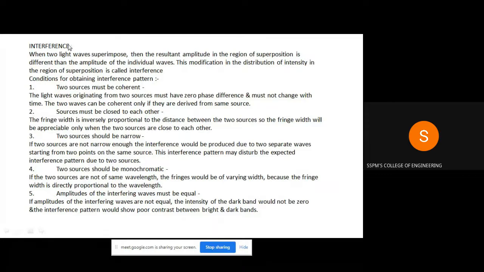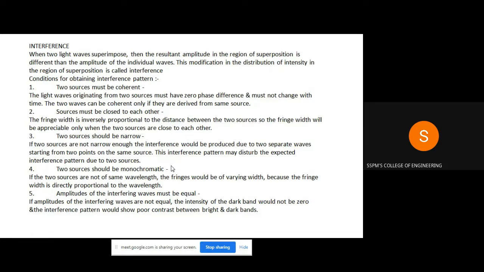So we are most acquainted with reflection, refraction, interference, diffraction. In order to have reflection, a ray of light has to be incident on a denser medium.